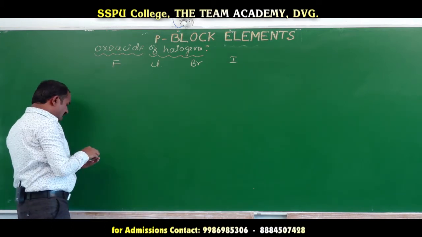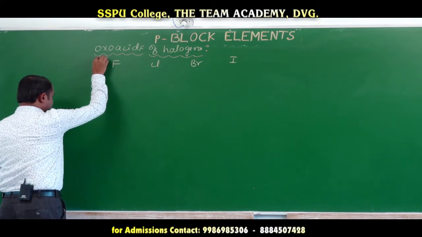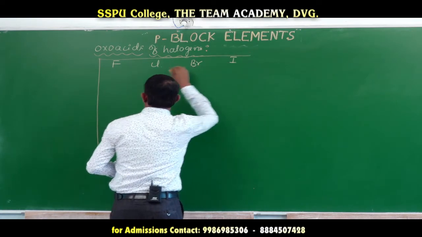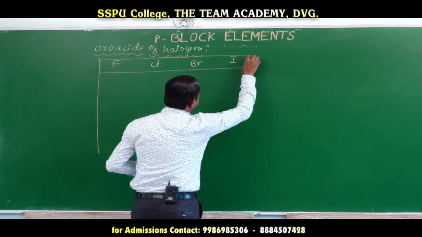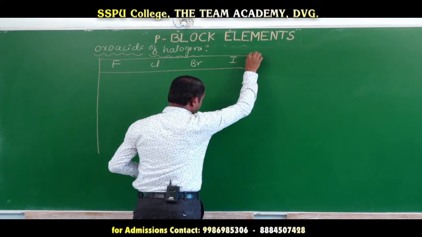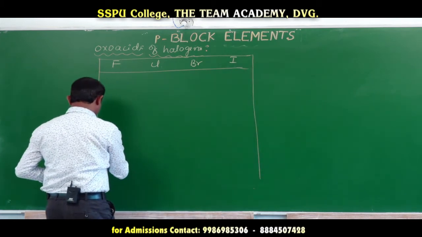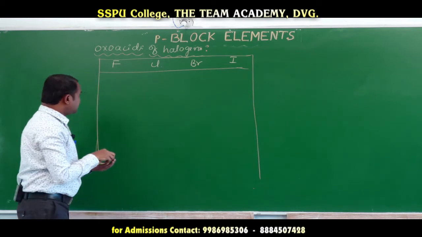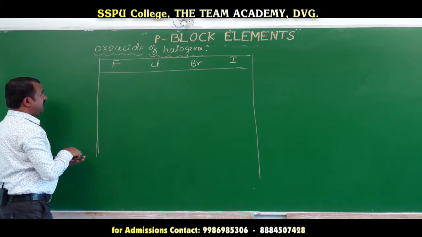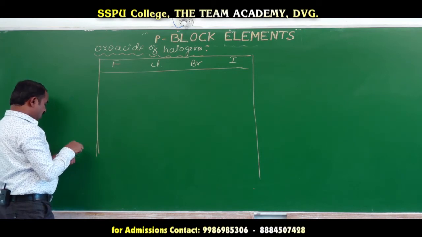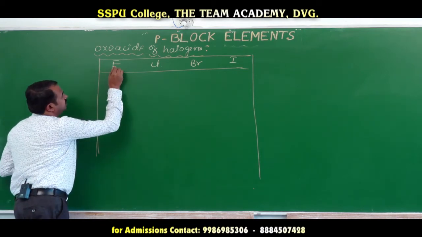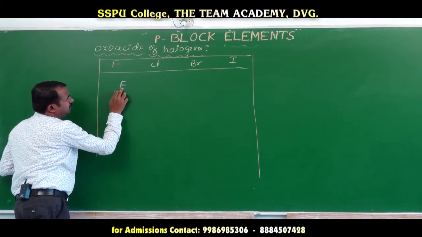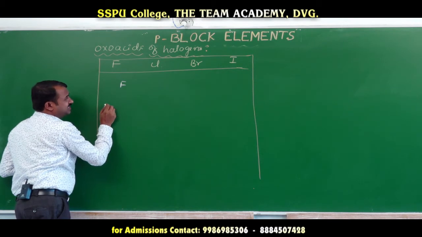In the oxo acids, the oxidation states are 1, 3, 5 and 7. The first oxo acids are the monooxo acids.